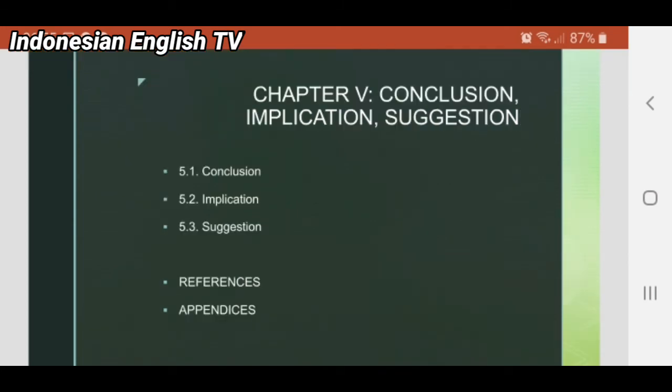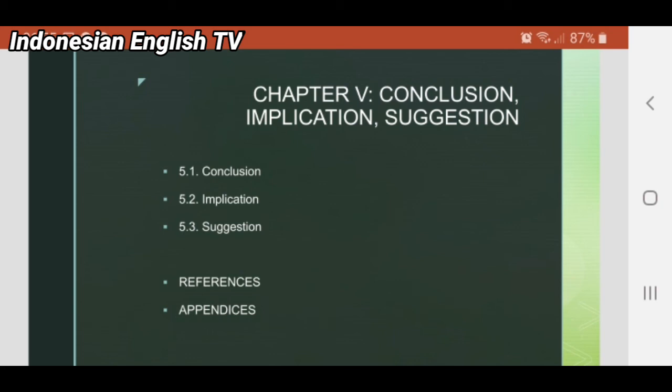Okay, the last but not least, chapter 5. In chapter 5 you have to write conclusion, implication and suggestion. Okay, of course, first conclusion, you need to conclude what the results of your thesis have already explained in chapter 4, in the very explicit and implicit meanings that in conclusion you need to write. And the implications you need also to write.